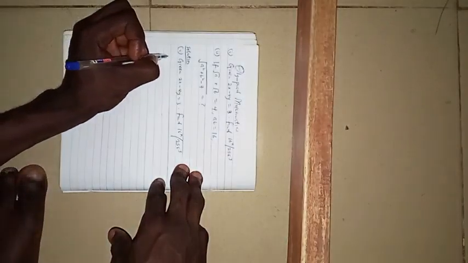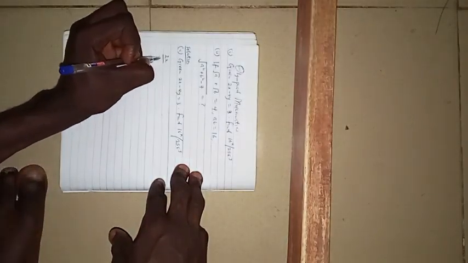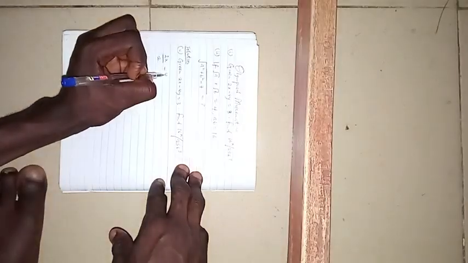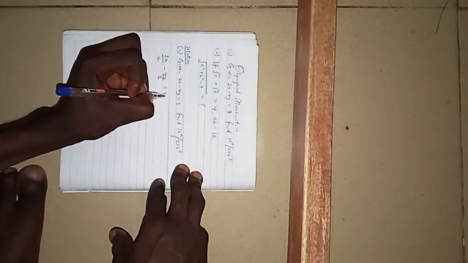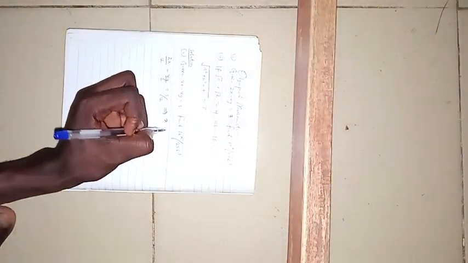So 2x divided by 2 minus 4y divided by 2 equals 3 over 2. I think we are progressing. So now this implies that we are having x minus 2y equals 3 over 2.